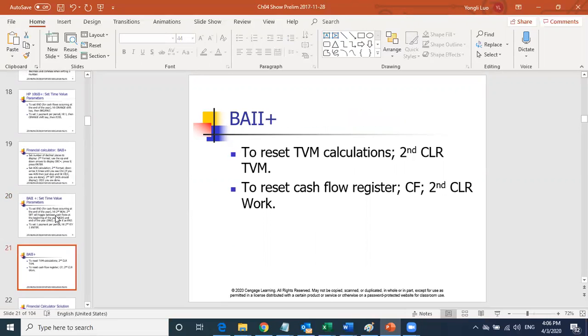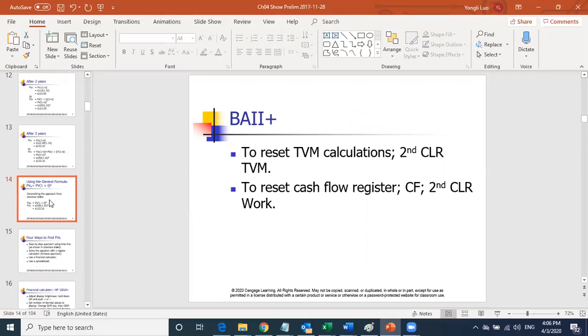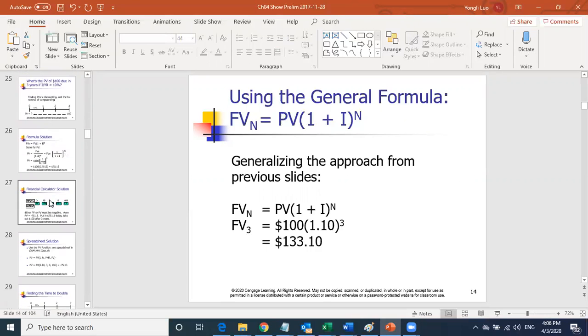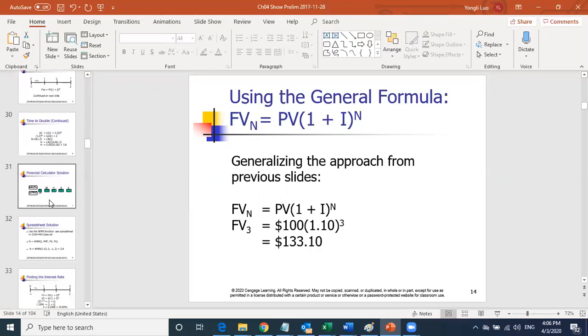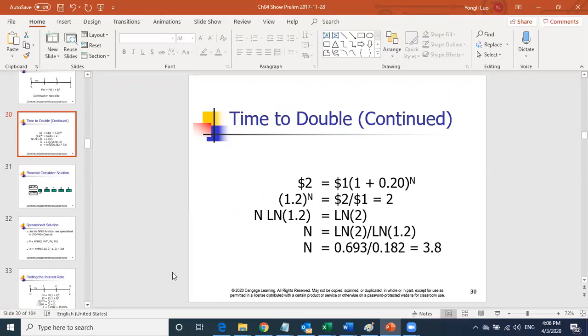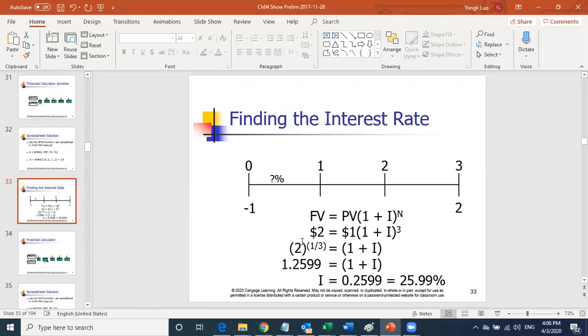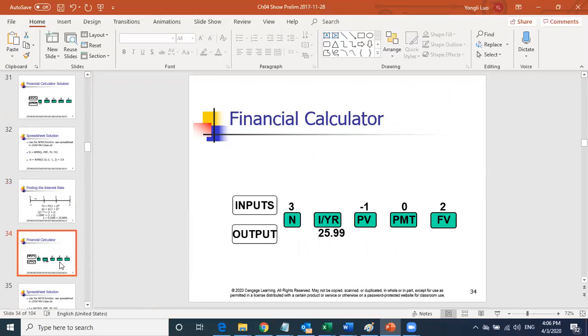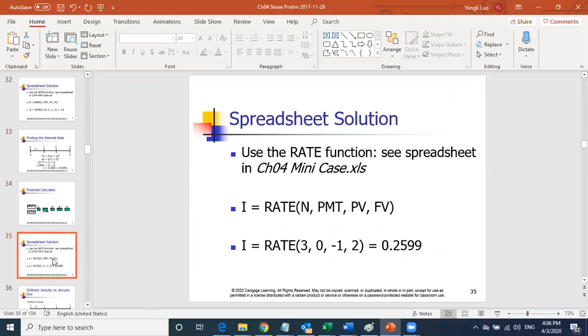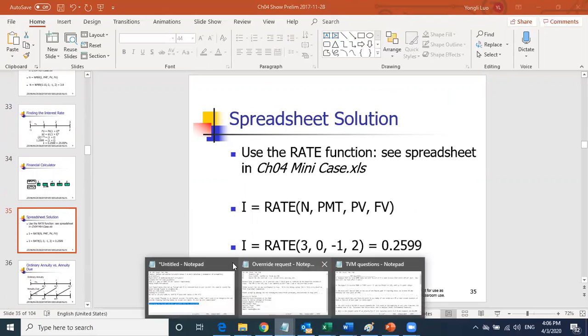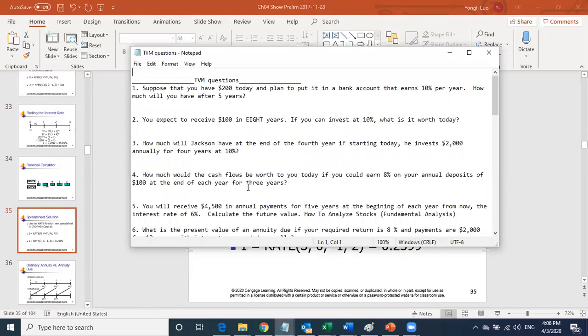Let me do another question, a present value question.